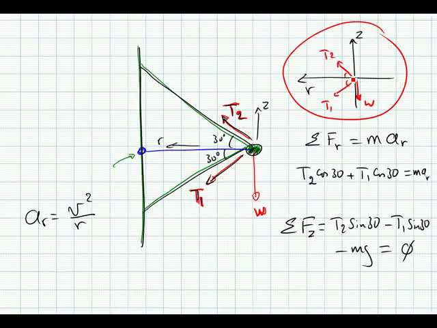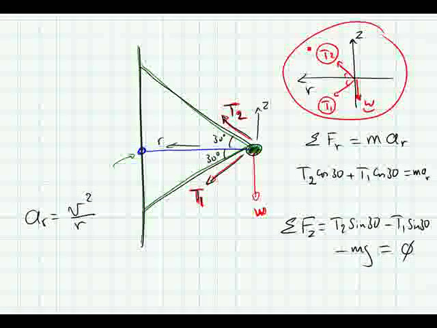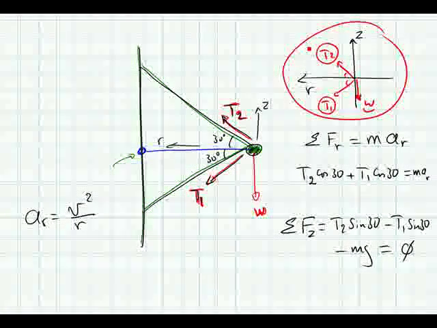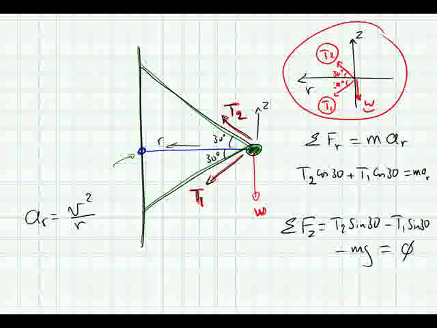Once again, I've chosen r to the left because the center of the circle is to the left of my object, as depicted in the diagram. And our forces are, of course, weight, T1 and T2. The angles are given for the angles that T1 and T2 make with respect to the radial axis. They are both 30 degrees, so this one here is 30 degrees, and that's 30 degrees as well.